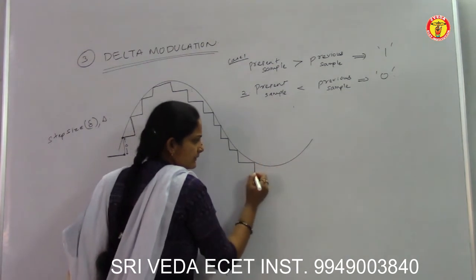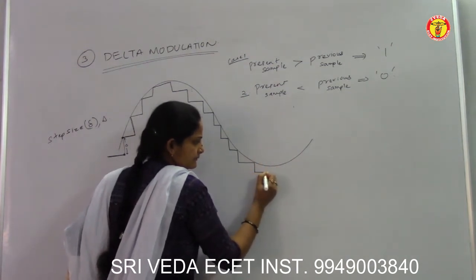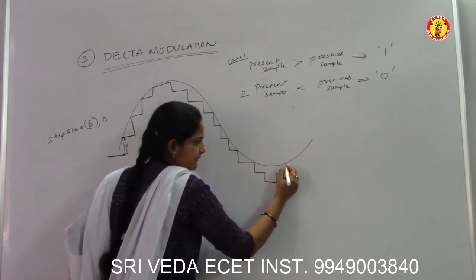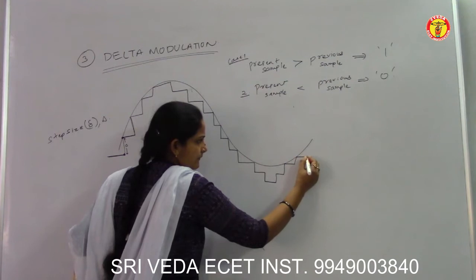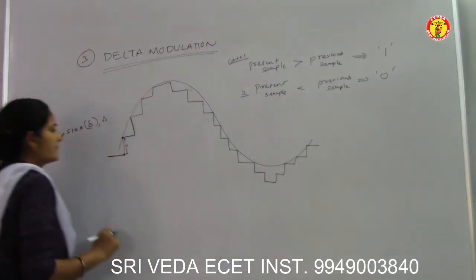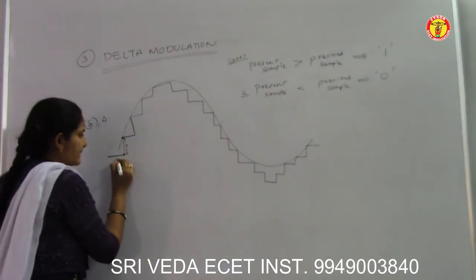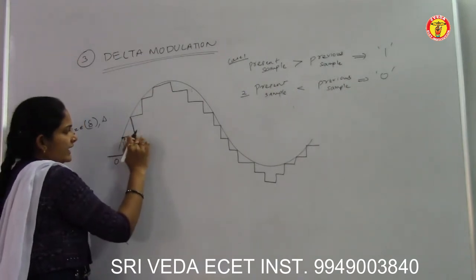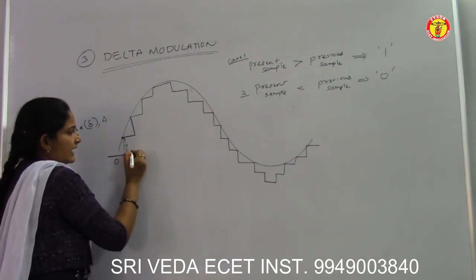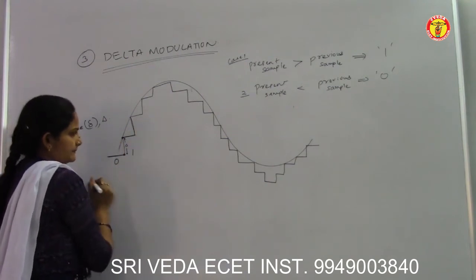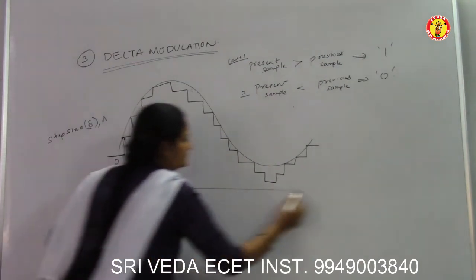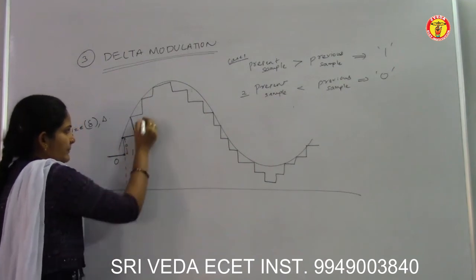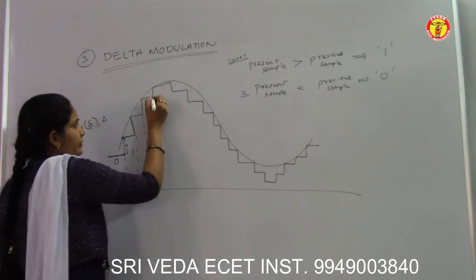From here it is again increasing. Assume this is my 0 delta. When I compare, due to the staircase, as it is increasing, the output is 1, and so on. In this line I will write the binary output, that is the quantizer output.